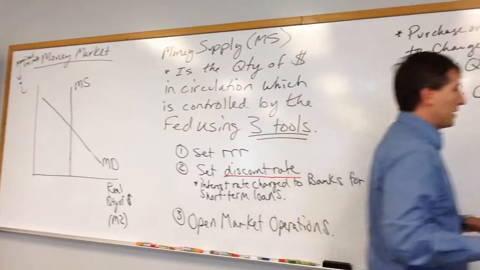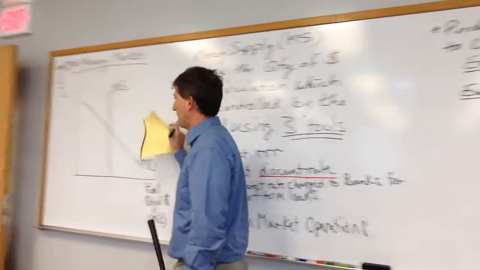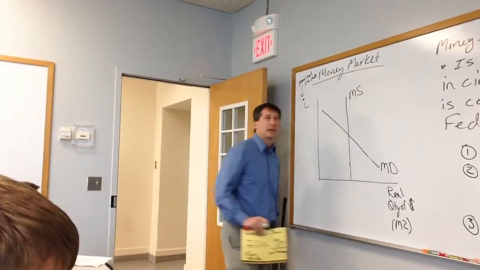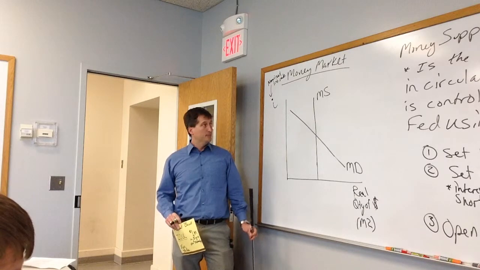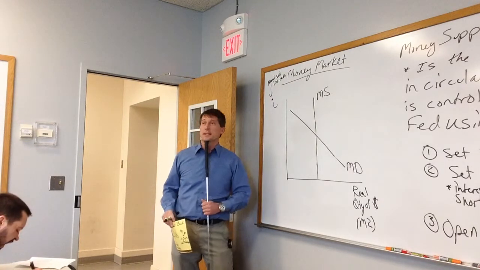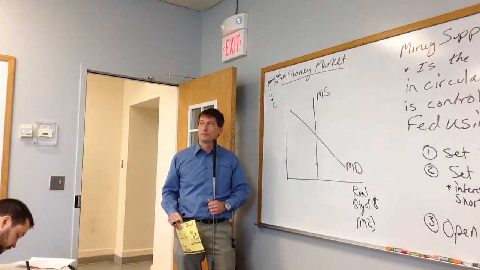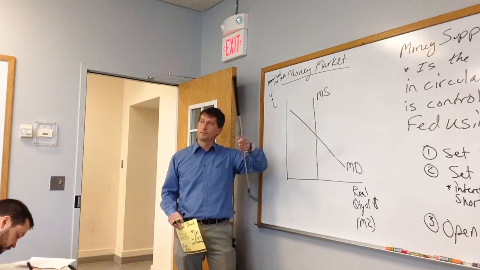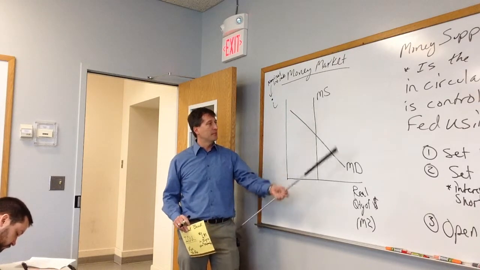And over in our market, what's your prediction of what happens to interest rates if there was an increase in the money supply? What happens to interest rates? They go up? Which one's the Federal Reserve, the MD or the MS?